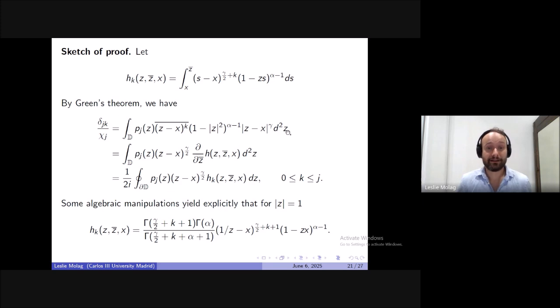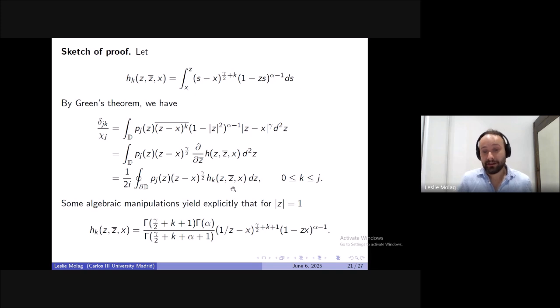Right? Now this d over dz bar, you can actually put in front of the entire integrand, because this part of the integrand depends on z, but not on z bar. And then Green's theorem tells us that actually that's equal to an integral over the boundary of the unit disk. And that's how you get here.